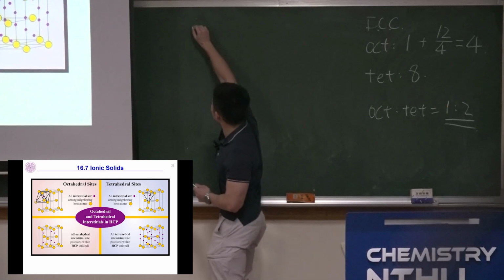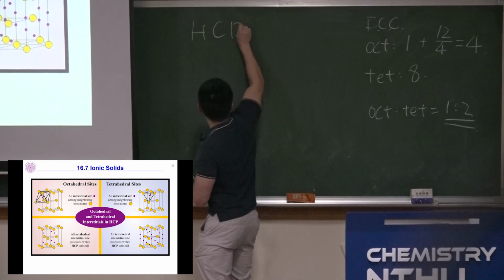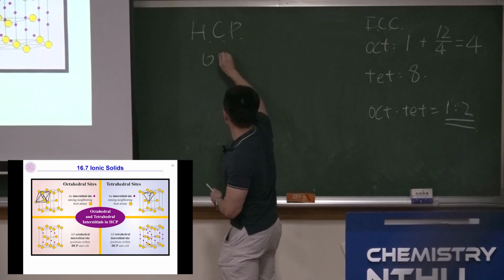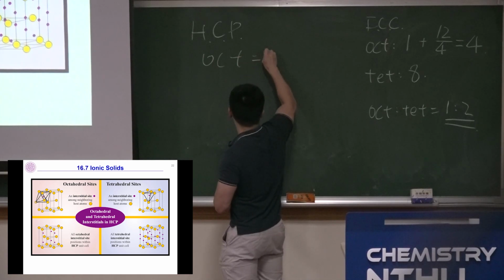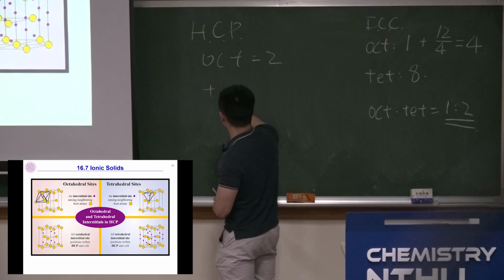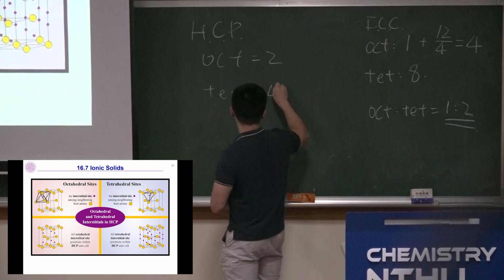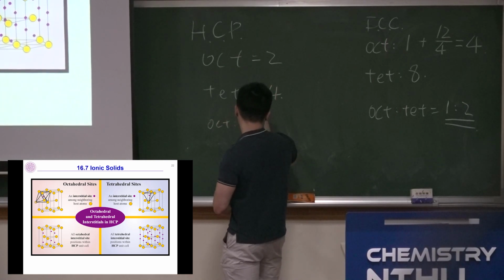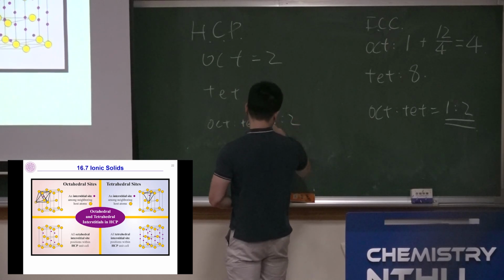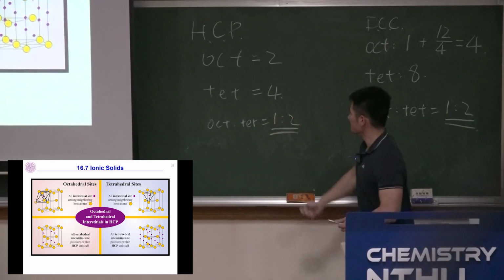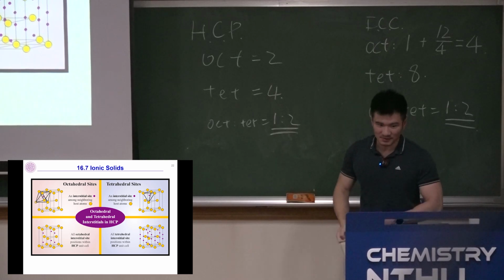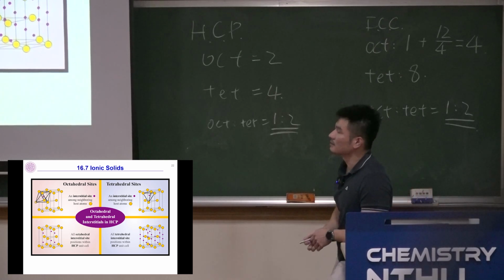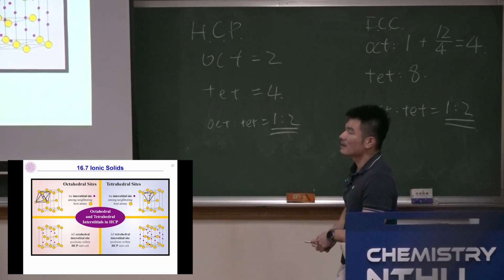So for HCP, octahedral hole is 2, and tetrahedral hole is 4, and the ratio is going to be the same. Why? Because the unit cell is half as large, so you can only fill half of the number of atoms.